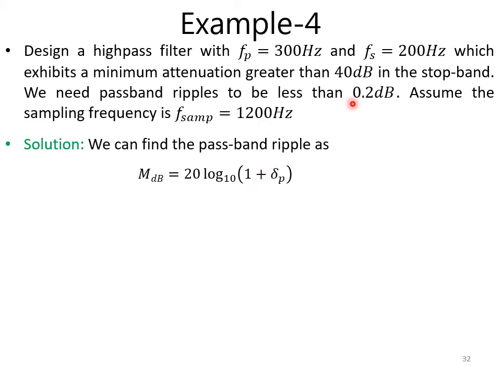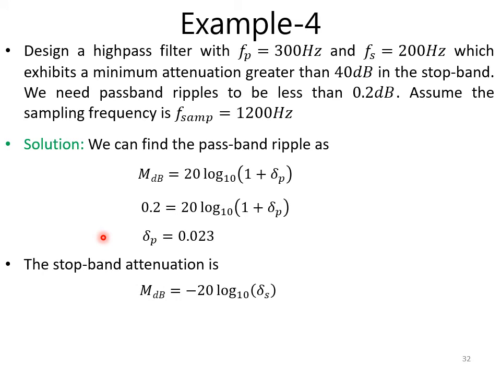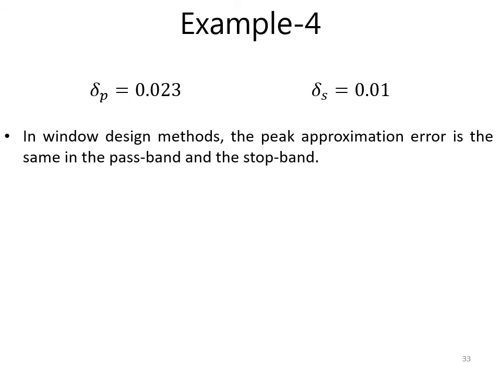So delta P is 20 log 1 plus delta P. So m dB is given, 0.2 dB. So after substituting the value, the delta P came out to be 0.023, and similarly the stop band attenuation delta S can be determined. m dB is given, which is 40 dB, and after that, the pass band ripple is 0.023 and stop band ripple is 0.01, right?